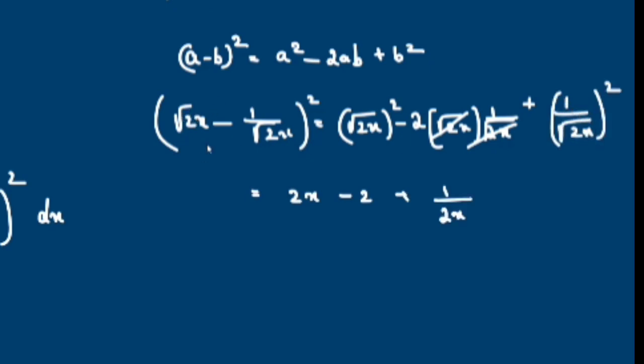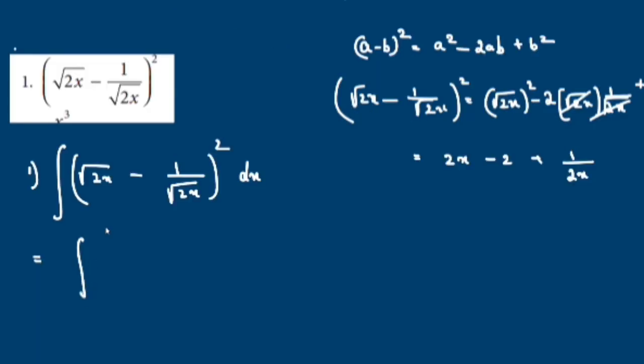So we got the expansion of root 2x minus 1 by root 2x the whole square. So let us write that here. Integral 2x, yes, I am writing the expansion here, minus 2 plus 1 by 2x dx.